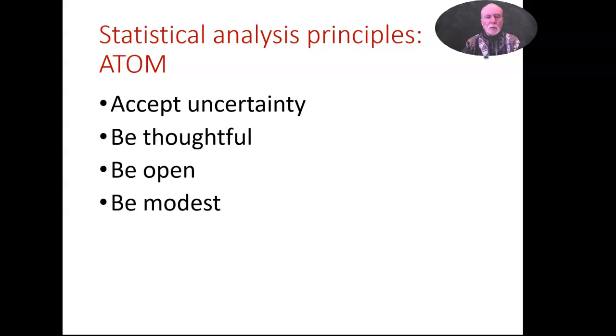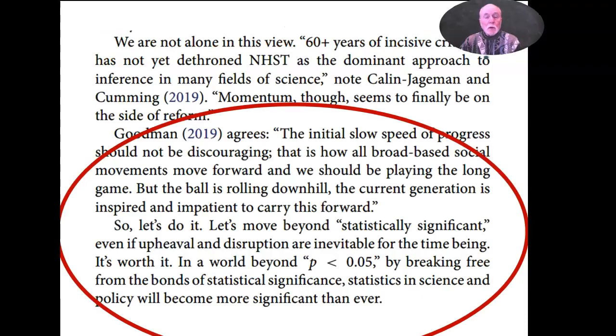Statistical analysis principles. The article goes on to conclude with regard to moving from statistical significance to thoughtfulness, that momentum seems to finally be on the side of reform. Quote, the initial slow speed of progress should not be discouraging. That is how all broad-based social movements move forward, and we should be playing the long game. But the ball is rolling downhill.